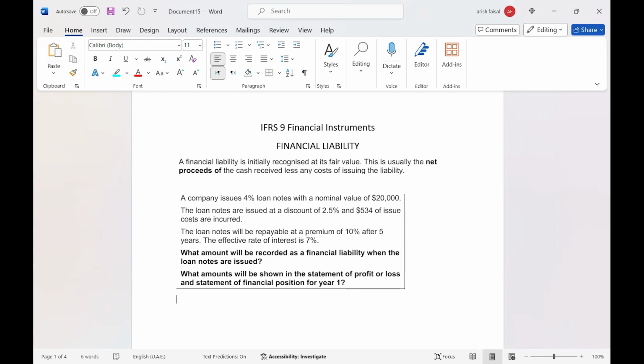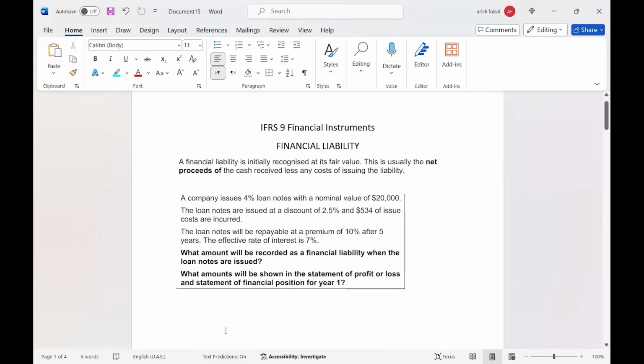So after the deduction of that 2.5 percent, the rest 97.5 percent is what they have received. The investors have got a benefit of 2.5 percent, and the company has received less money. So it's a cost to the company.